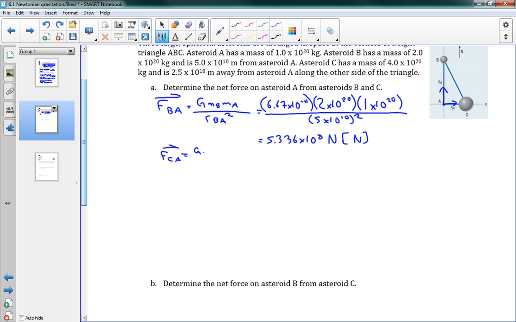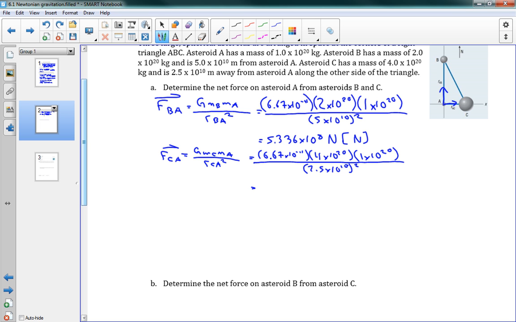So we've got G mc ma over rca squared. 6.67 times 10 to the negative 11 times, in this case, C has 4 times 10 to the 20. 1 times 10 to the 20, all over our radius here, which is 2.5 times 10 to the 10 squared.